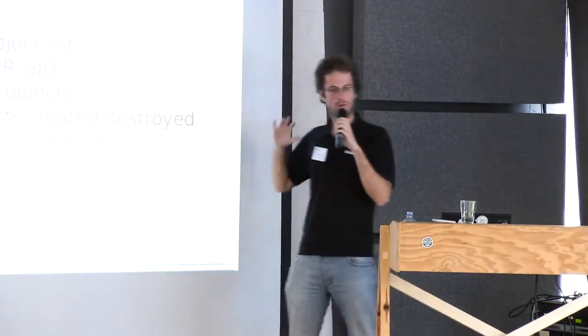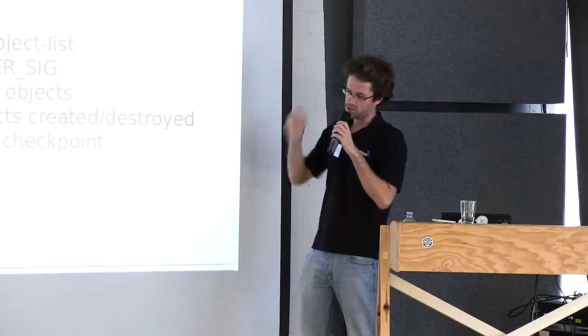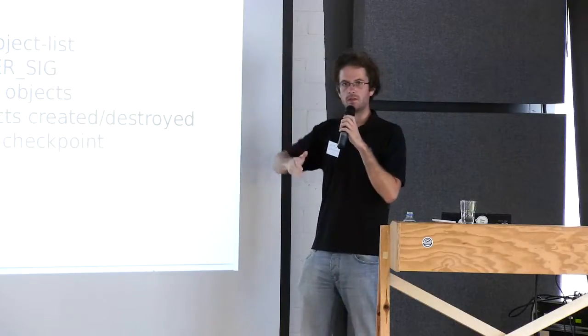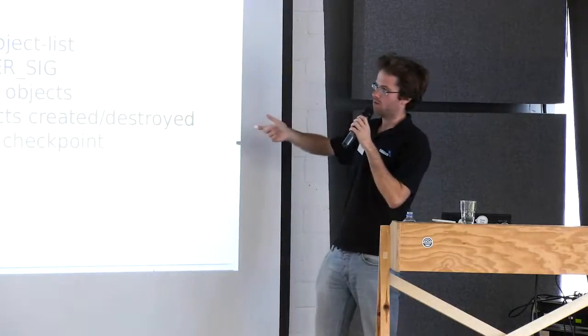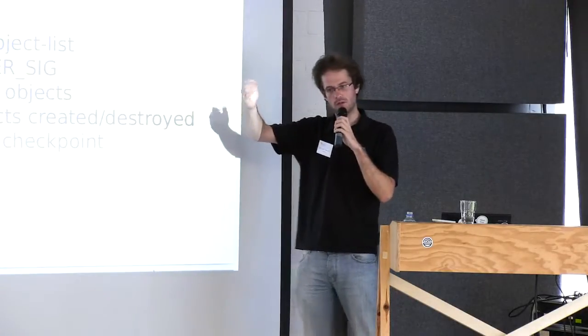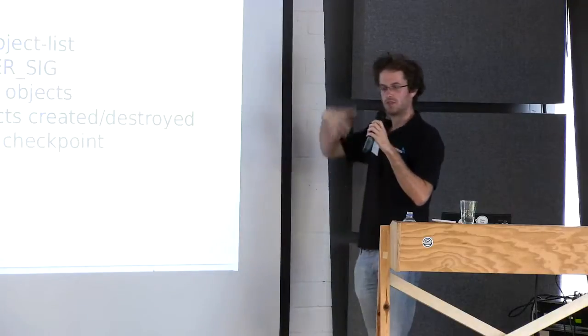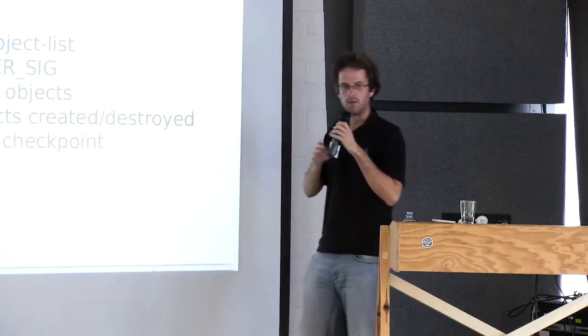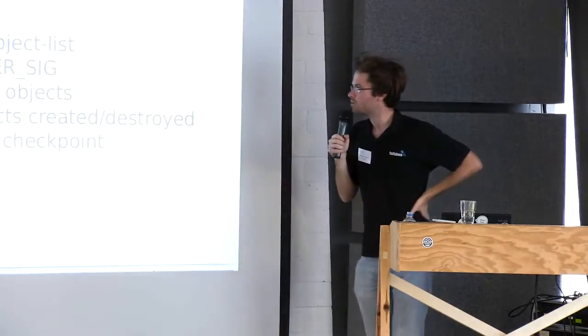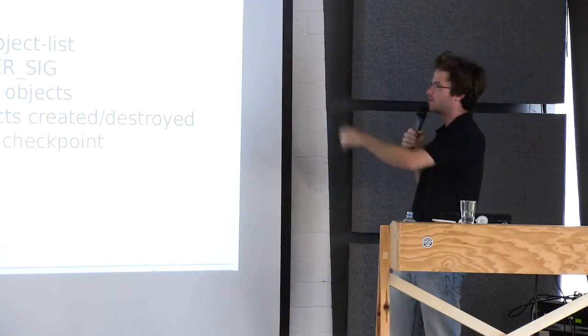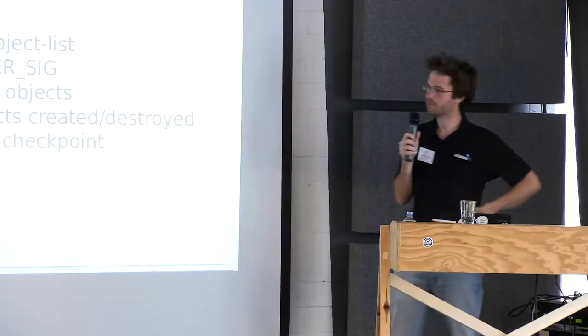So for example, if you have a web browser, you can just start playing a video, create a checkpoint, then stop the video and close the web page or something, and then you can see, okay, which objects have been created, which objects have been destroyed, which are still alive, and that may help you to see what actually happened during the execution of this action. So it's a bit niche, but sometimes that's the kind of thing which can be useful.